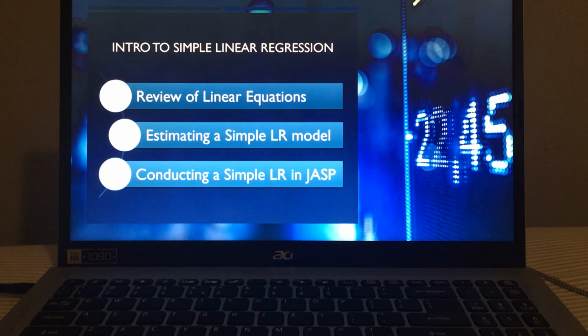A simple linear regression model uses one interval or ratio variable, right? So it could be interval or ratio, to predict a second interval or ratio variable. The predictor variable is known as the independent variable and is usually denoted as the letter big X. And your outcome or predicted variable is known as the dependent variable, and that's usually denoted with the letter big Y.